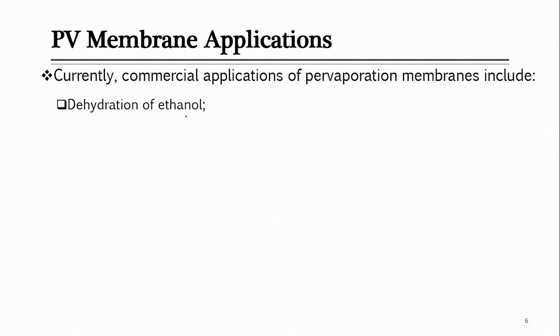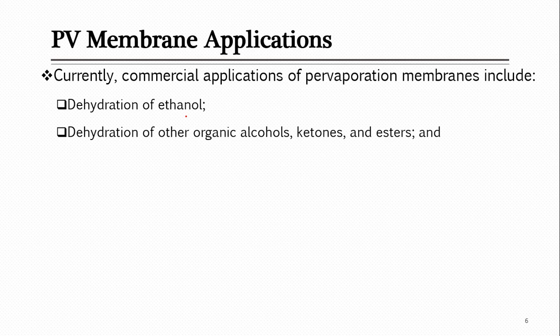In order to remove water from ethanol, these pervaporation membranes are the best available technique. Then there is dehydration of other organic alcohols. Besides ethanol, if you have propanol, methanol, ketones, or esters, water can also be removed from those hydrocarbons.